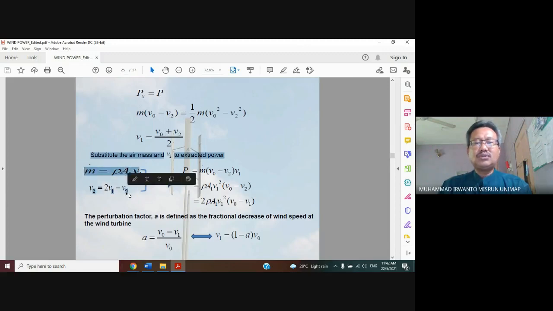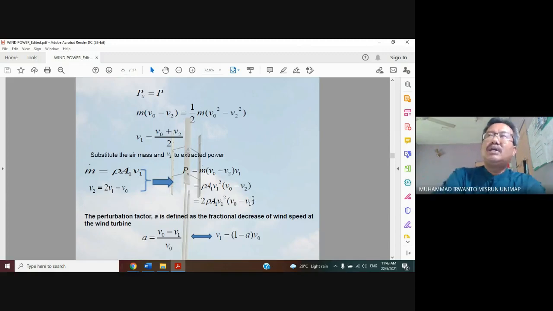If these two components we substitute into the power extracted by the wind turbine, m dot is substituted by here, and then V2 is substituted by here. So lastly we have obtained the value of power extracted, given by 2 rho A1 V1 power 2 multiplied by (V0 minus V1).